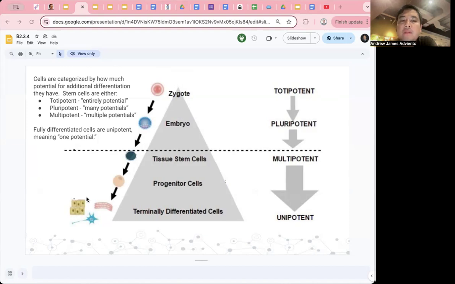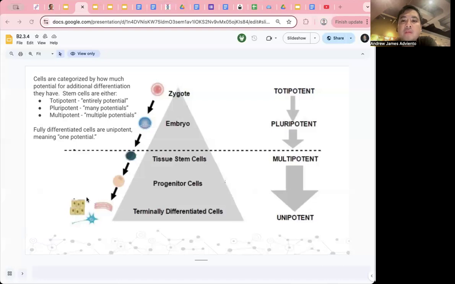Example: the zygote, the fertilized egg, the only truly totipotent cell. Next, pluripotent stem cells. They can develop into any cell type in the body, but not extra-embryonic structures like the placenta. Example: embryonic stem cells in the blastocyst stage, which is 5 to 6 days after fertilization.